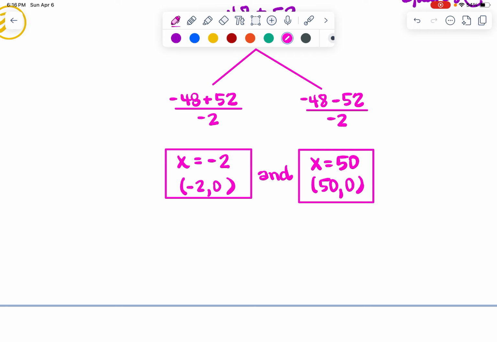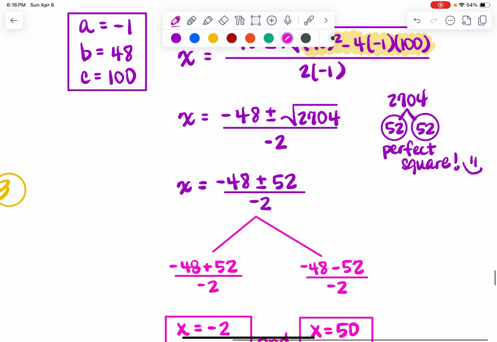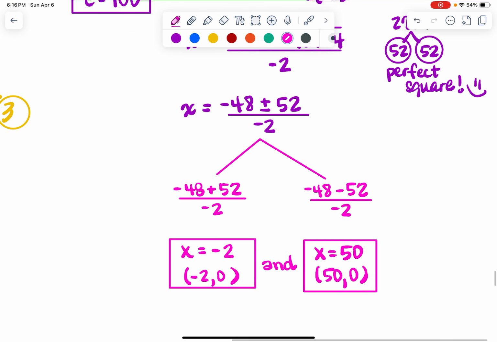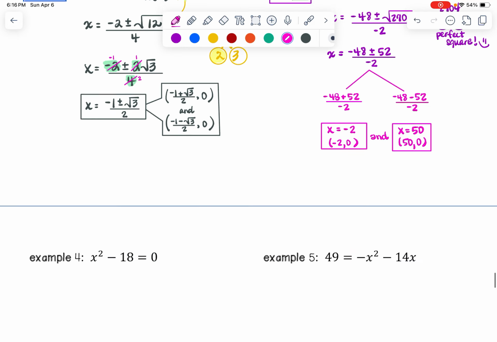This would be an awesome opportunity because our answers are nice, pretty whole numbers, right? To go check it in Desmos by typing in that original function up there, right? And then seeing, you'd of course have to shrink your screen a little bit so you could see that 50. That's going to be way off of your home screen, right? So you should be getting negative 2 and 50 though. All right. Let's keep going.